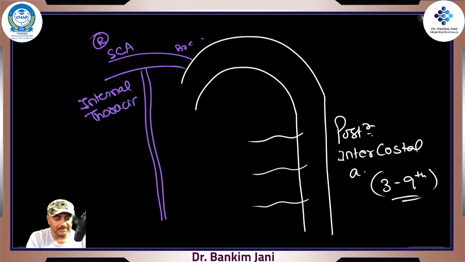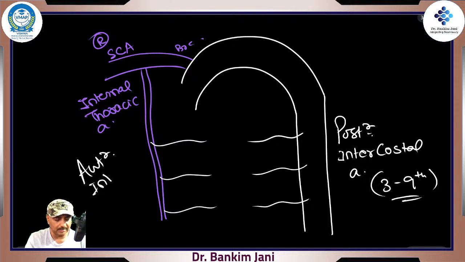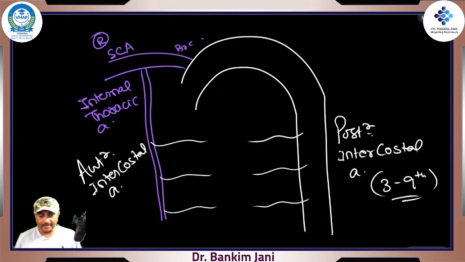And from this internal thoracic artery arise the anterior intercostal arteries.